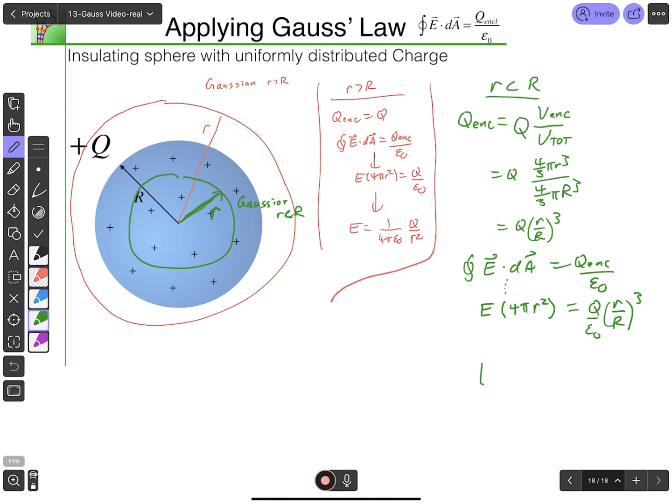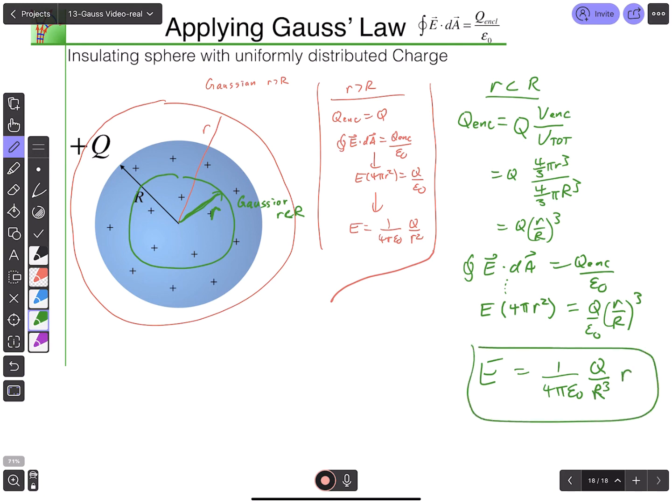If I rewrite this, you notice that r squared cancels out, only cancels out 2 of the r's on the right hand side, and so we end up with E equals 1 over 4 pi epsilon naught Q over big R cubed, and then we have an r.